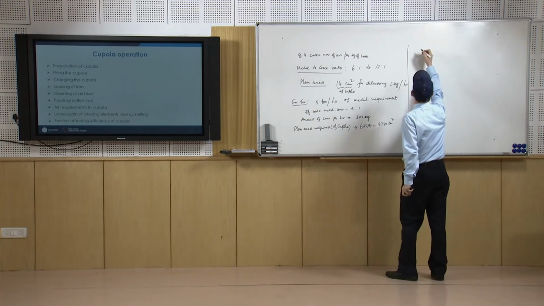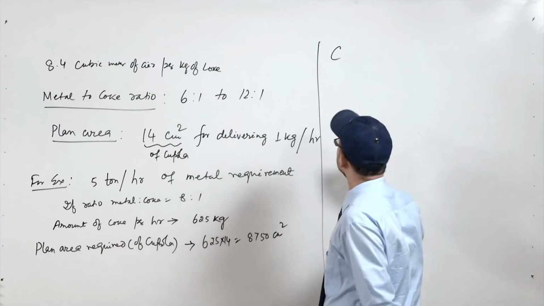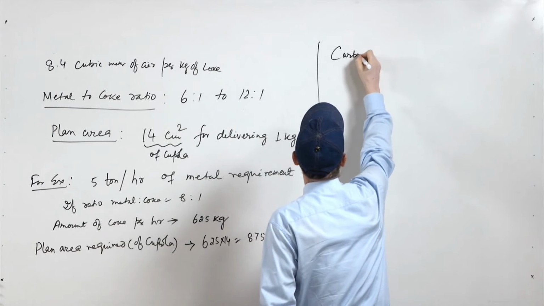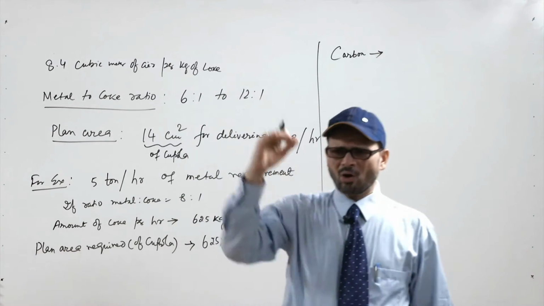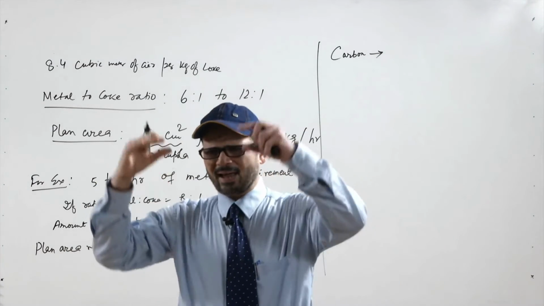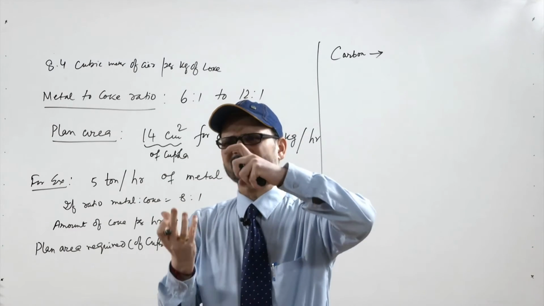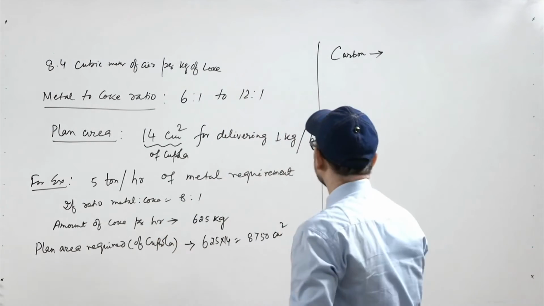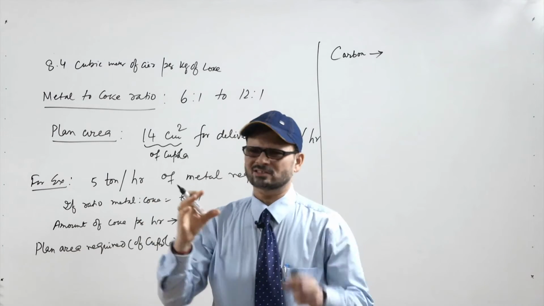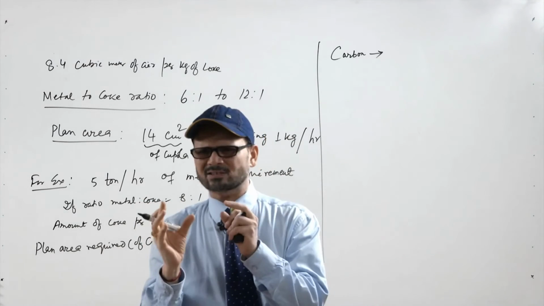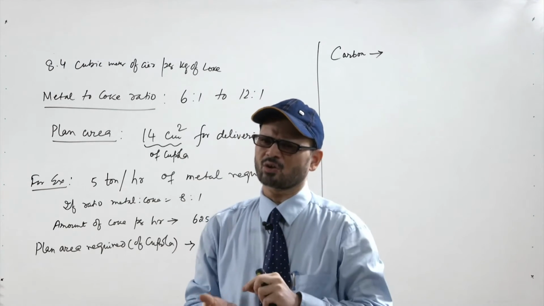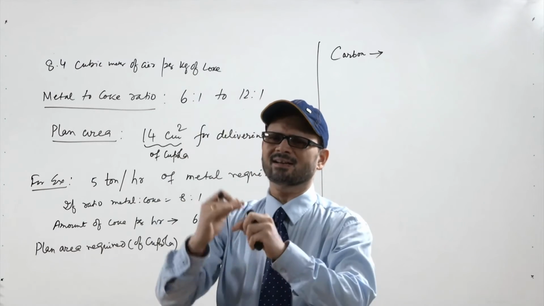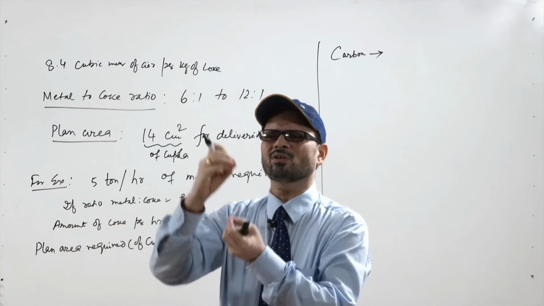So, basically what happens is that once the molten metal comes down, it picks up carbon from the coke. It is in contact with the coke, because we are putting alternate layers of coke.